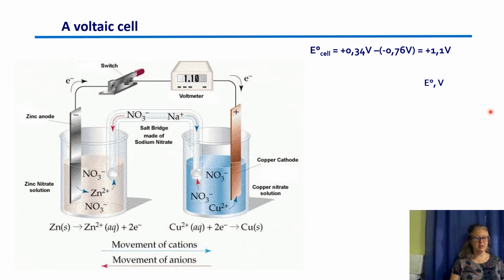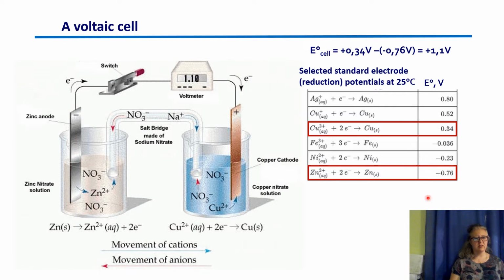According to the galvanic series, I presented here a very shortened section of it, the standard potential of the zinc electrode is equal to minus 0.76 volt, and the standard potential of the copper electrode equals plus 0.34 volt, and the potential of the cell is the potential difference between the two half cells.